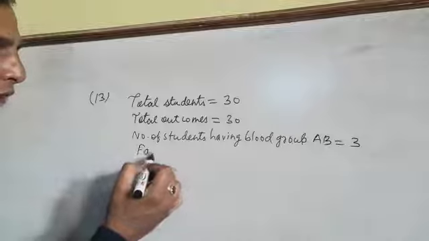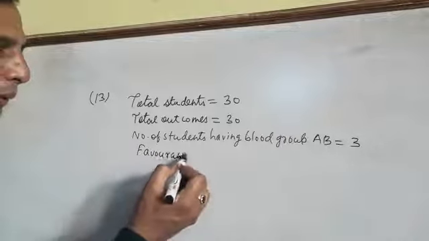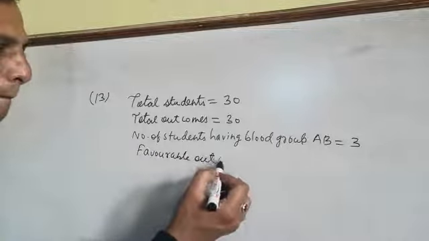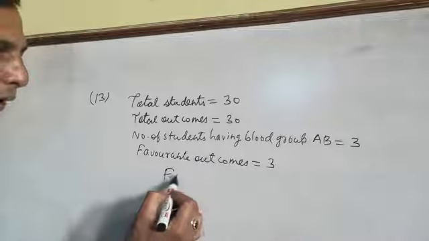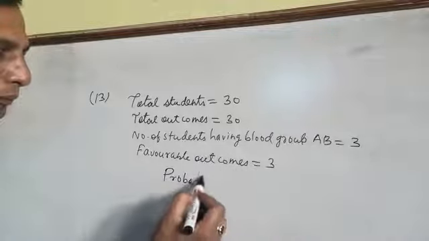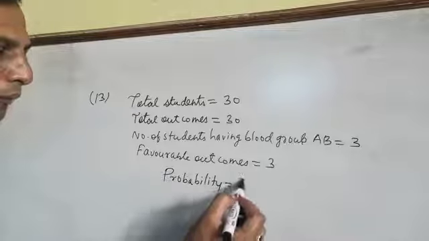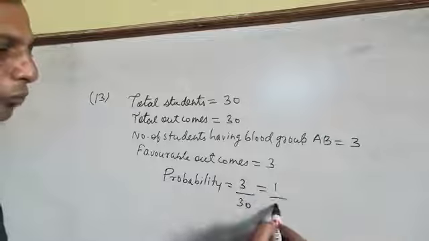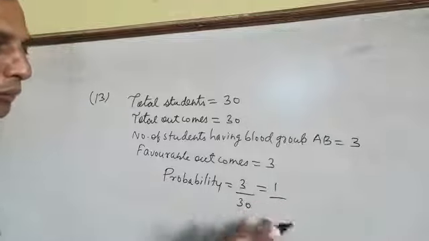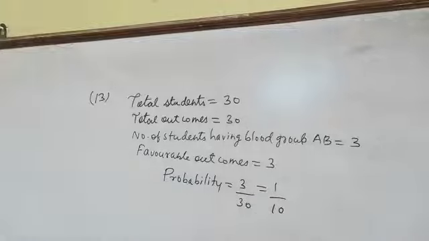So our favorable outcome is going to be 3. Probability will be 3 upon 30. On cancellation, 1 upon 10 is the answer for the last question.